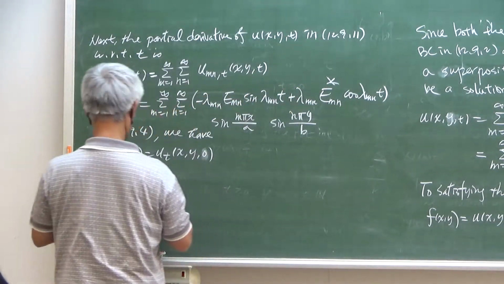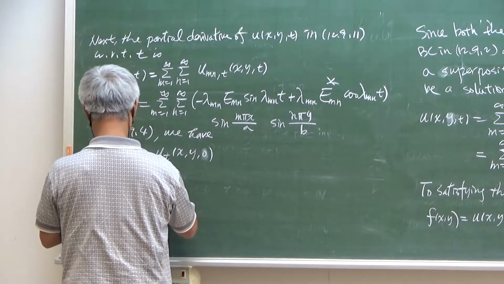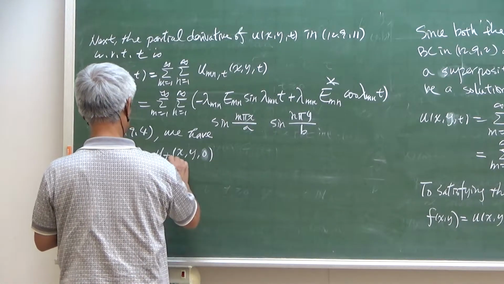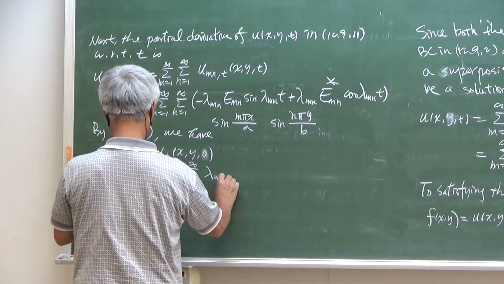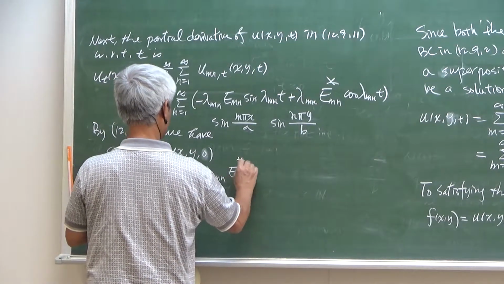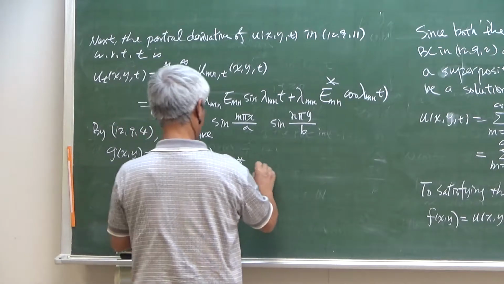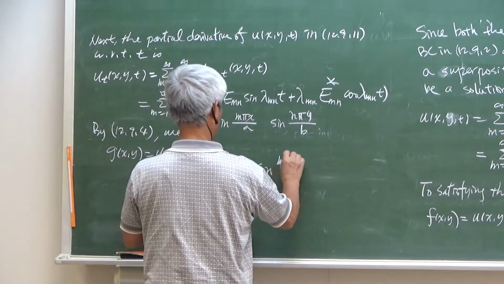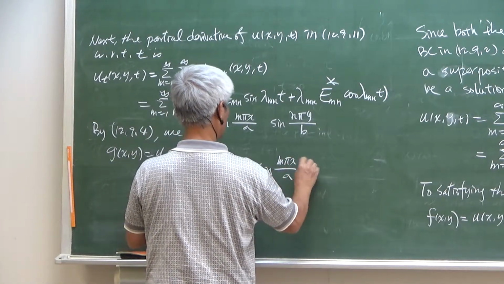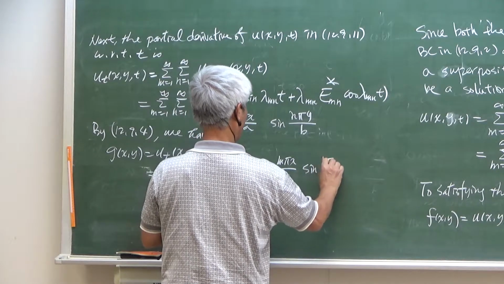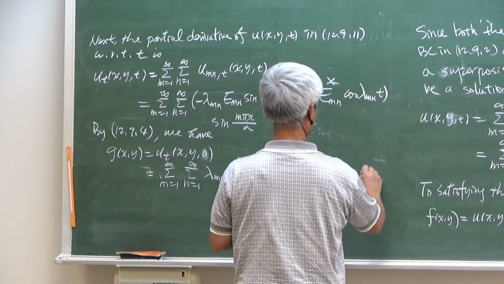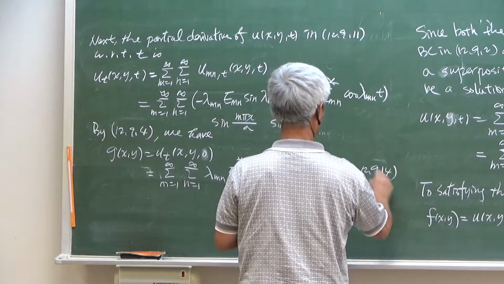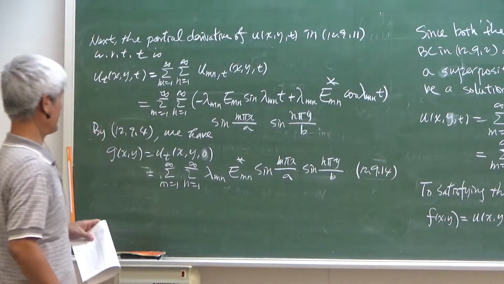So we have the summation of lambda_mn E star_mn sine(m pi x / a) sine(n pi y / b), equation 14.